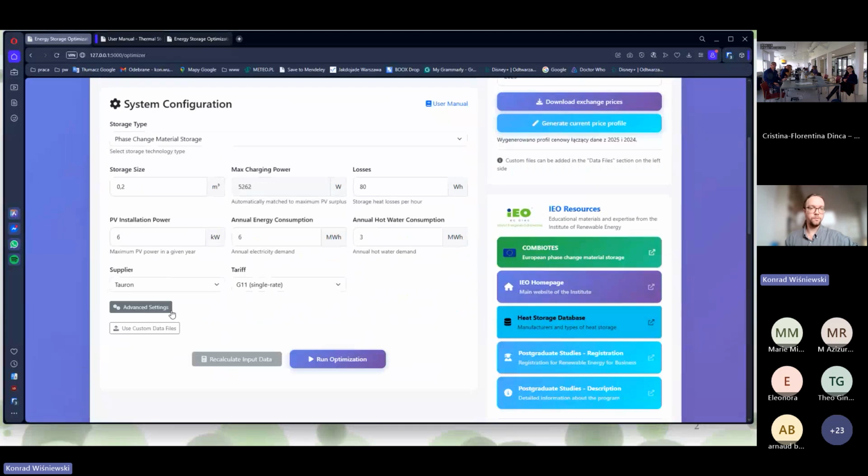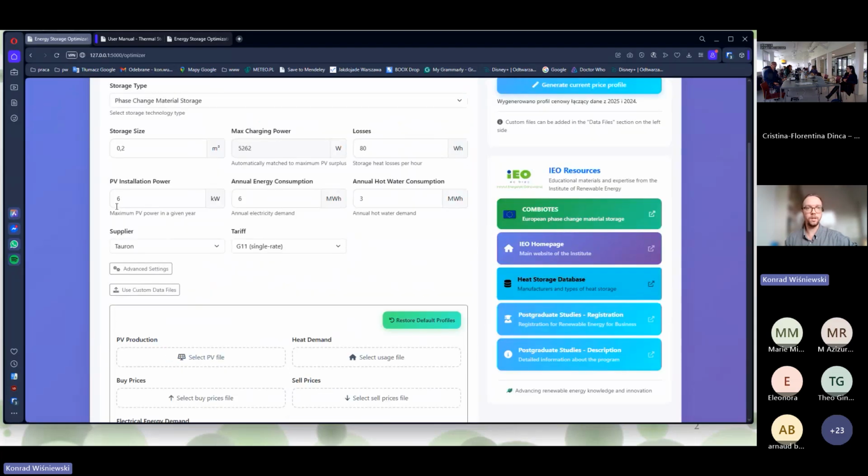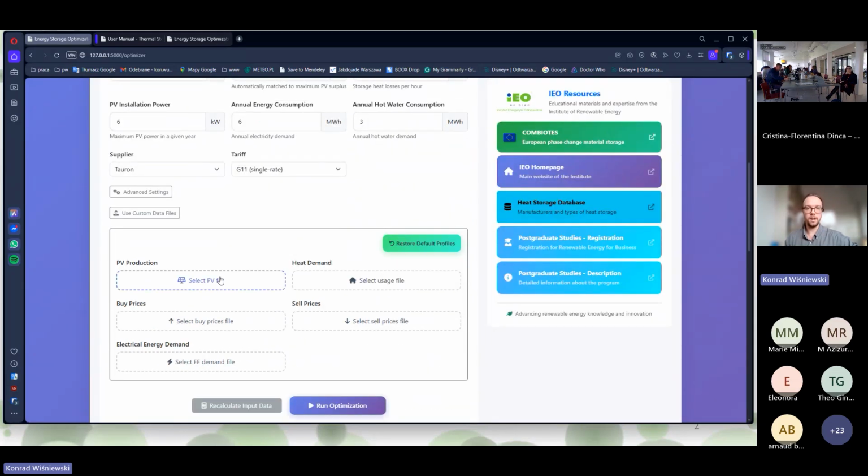Also, if the user wants to, one can use their own data, for example, limited to their location. Right now, everything is pre-installed in the system, but anyone can give the app one year of PV production and heat demand.